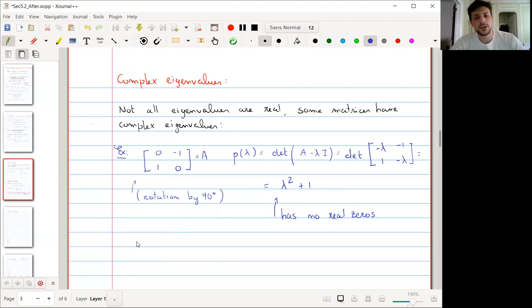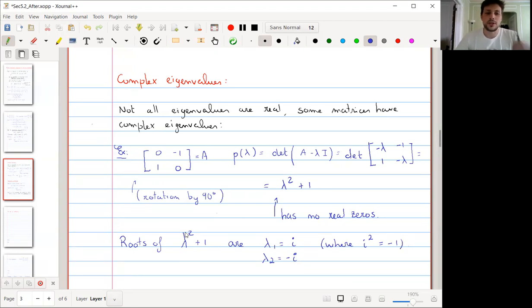In fact, if you have seen some complex numbers, you can probably understand from here that the roots of lambda squared plus 1 are lambda 1 equal to i, the imaginary unit, and lambda 2 equal to minus i, where the imaginary unit is defined by its square being equal to minus 1.